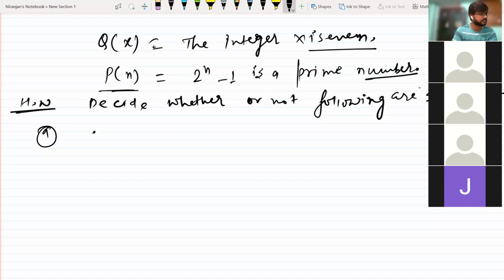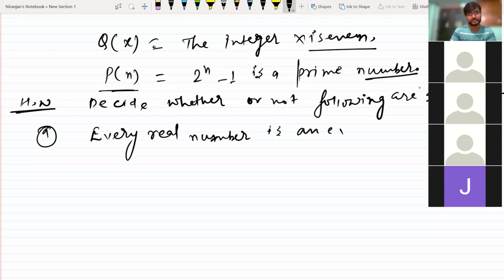Number one, every real number is an even number. The answer should come in yes or no. Okay, it's not true or false. I am asking you to decide whether the given sentence is a statement or not. That's it.